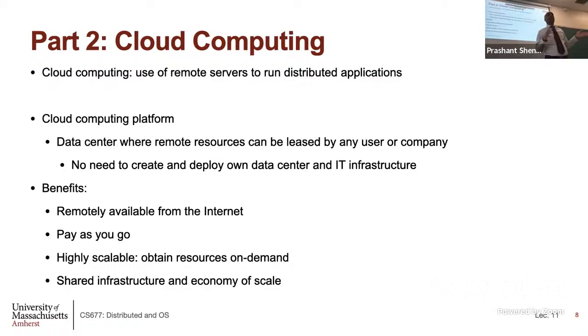In the old days, when you ran servers in your own facility and your machines got overloaded, you literally had to go buy another server, which may take 2 or 3 weeks to arrive, and then you actually add capacity to your application. Here, you can add capacity in minutes, not weeks or days. So it's much faster to provision resources on demand. It's a shared infrastructure because you are not the only customer the cloud provider has. There are many customers, so they can build these huge data centers and get economies of scale, which means that they can give you a lower cost than you might incur if you build your own data center.